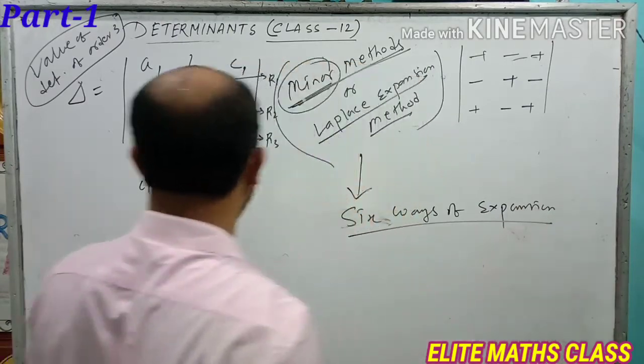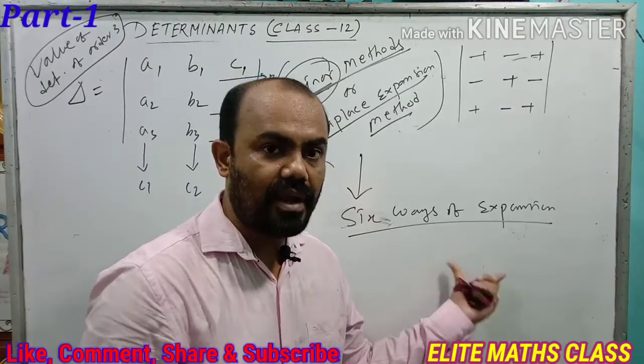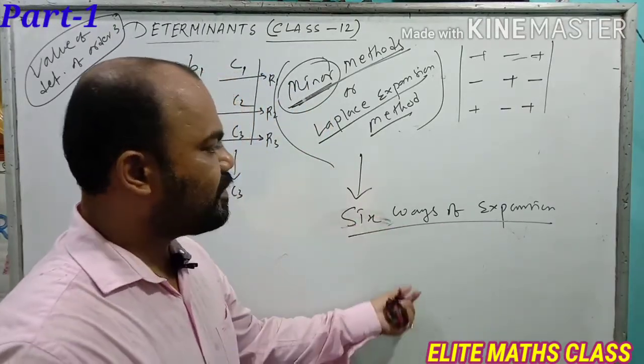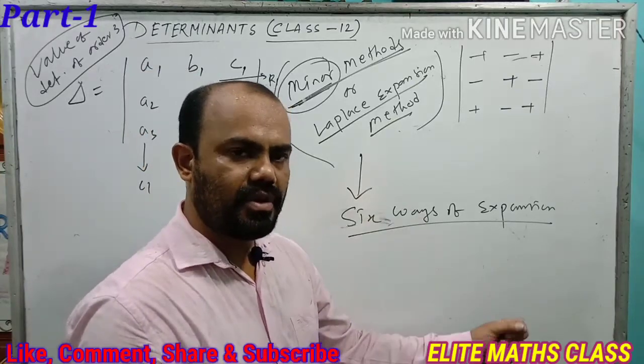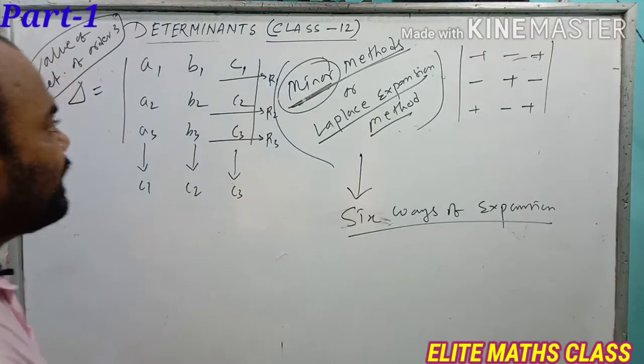That is, we can expand this determinant in 6 different routes. But whichever route you take, the final value of the determinant will be the same.